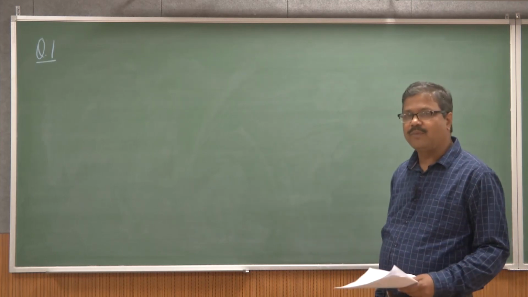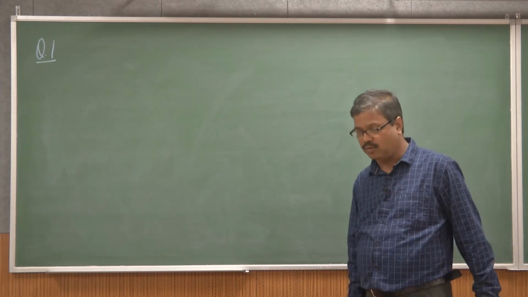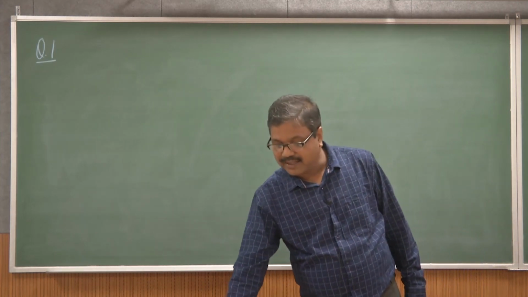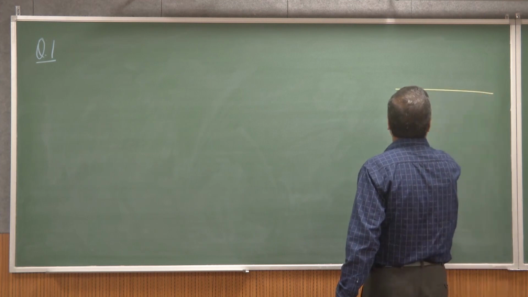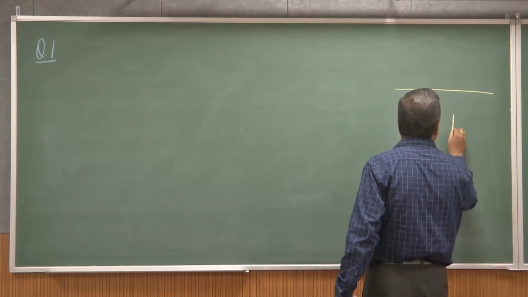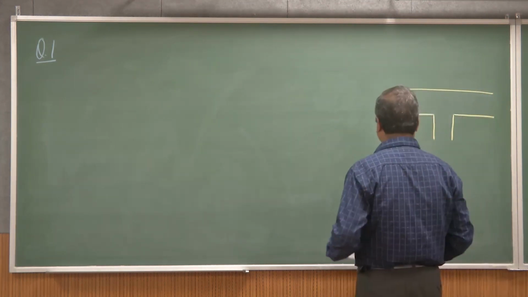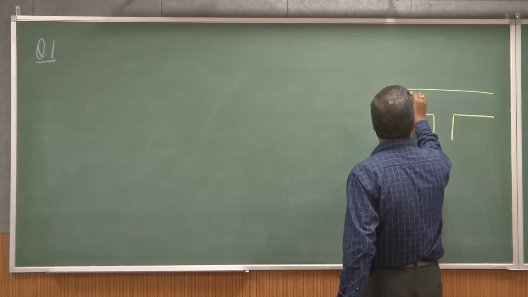Let us solve 5 questions from the GATE question set. The first example I have considered: the circular water pipes shown in the sketch are flowing full. The velocity of the flow in the branch pipes are each. Let's sketch the figure first. There are 5 connections like this.